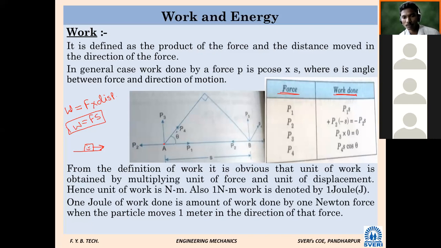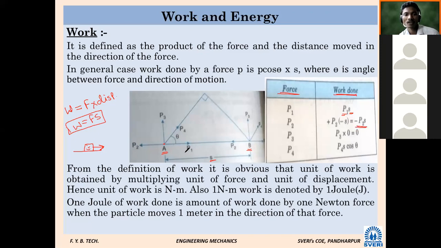After application of these forces, the object moved from place A to B. Then work done by the P1 force will be force into displacement, and here displacement is given as S. So P1 S. Then the work done by the P2 force will be P2 into minus S. Why is it minus? Because the object is displaced in the opposite direction. Though the force is applied towards the left, the object is moved towards the right hand side. That's why the work done is minus.